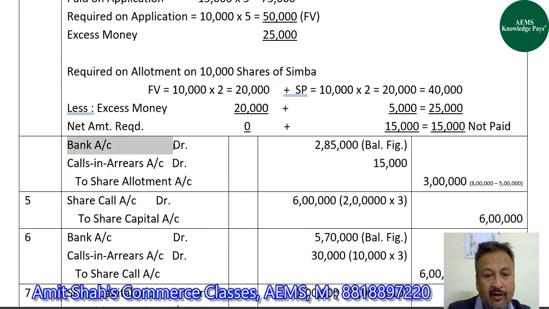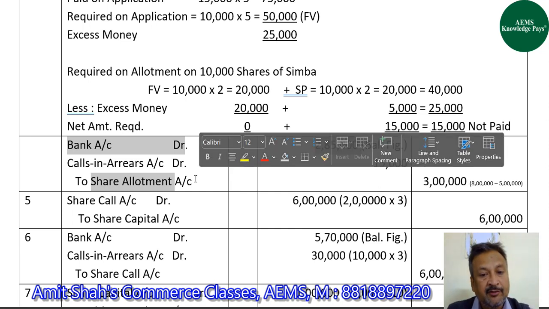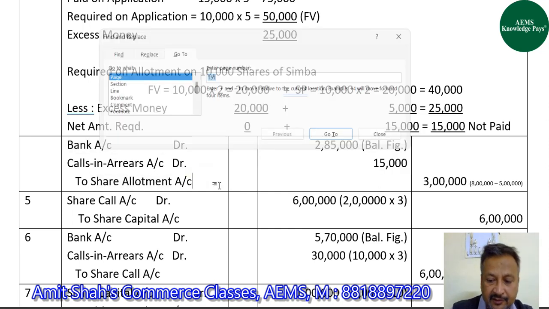Now here, bank account debit to share allotment with rupees 2,85,000. So on the debit side of cash book, we will write to share allotment with rupees 285.